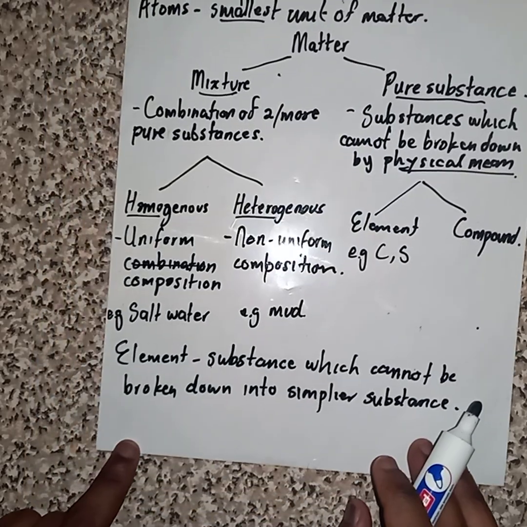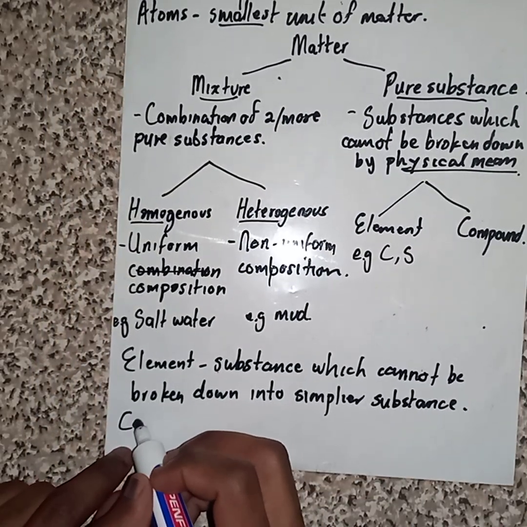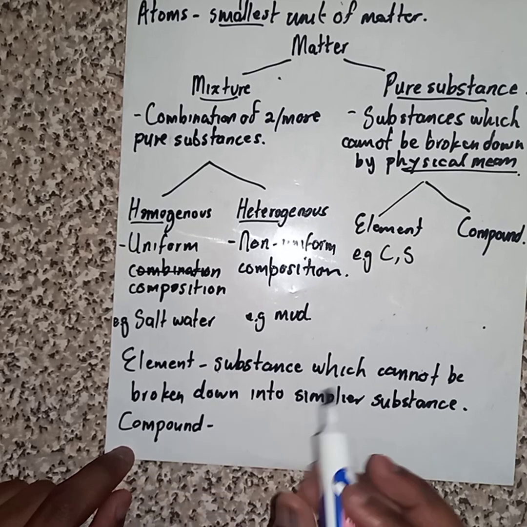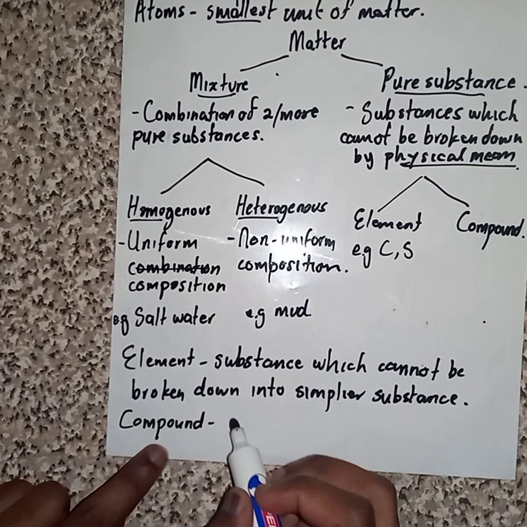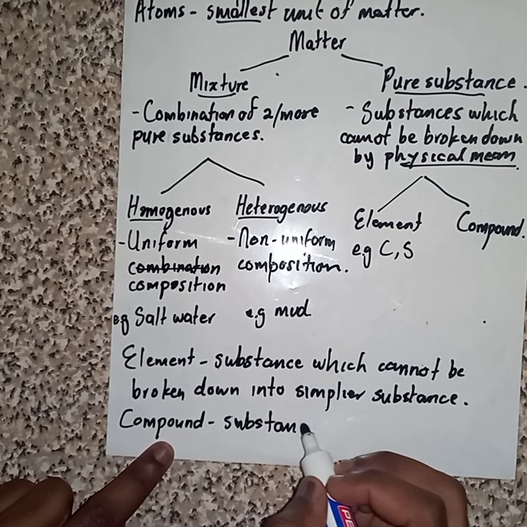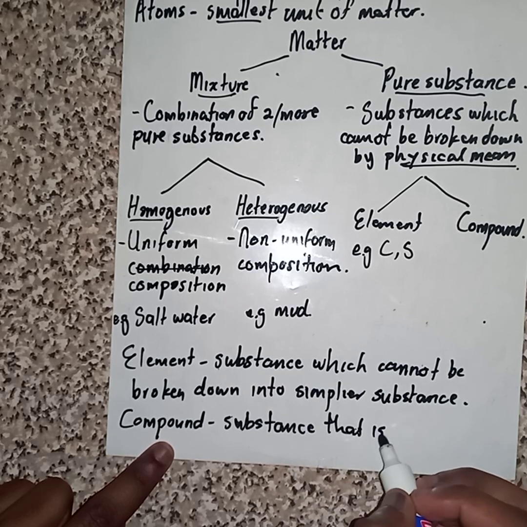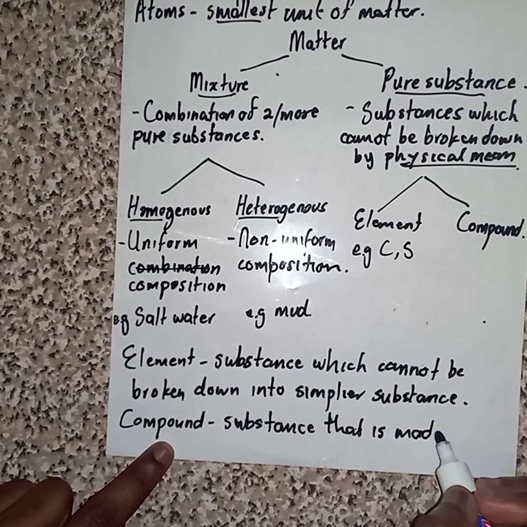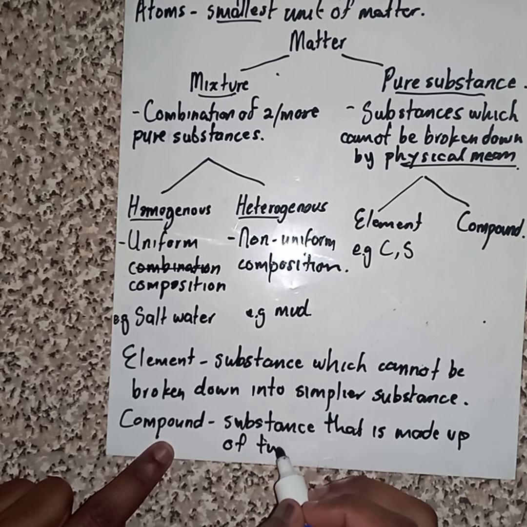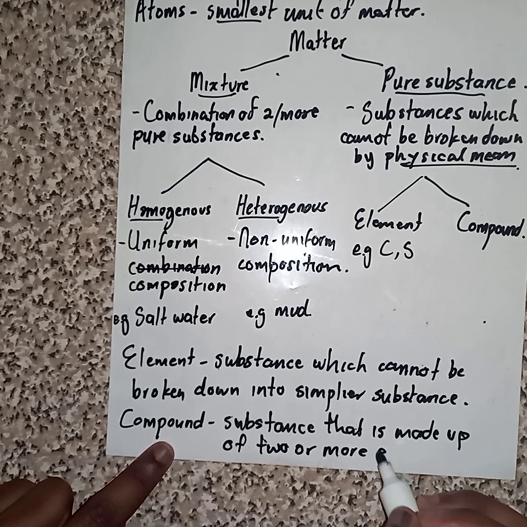Then a compound is a substance that is made up of two or more elements.